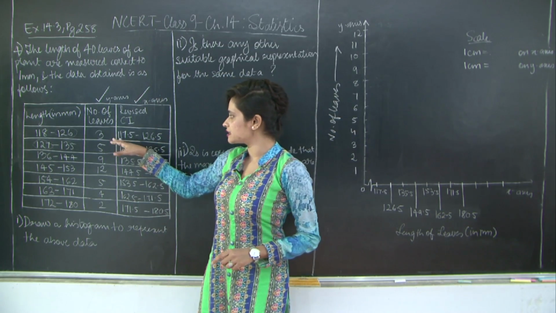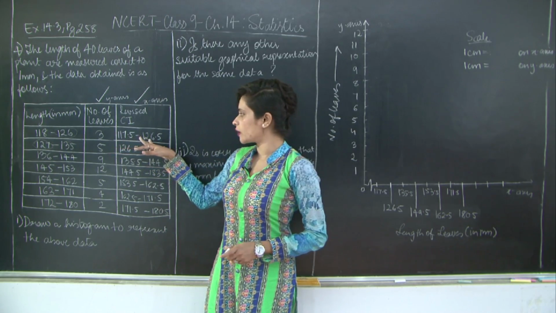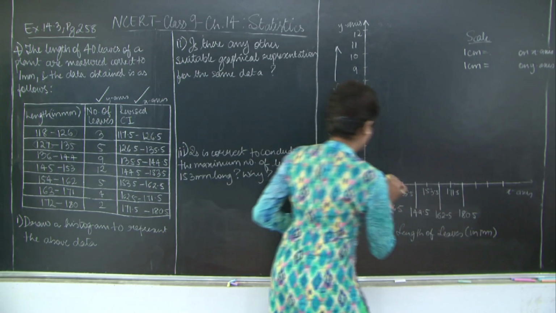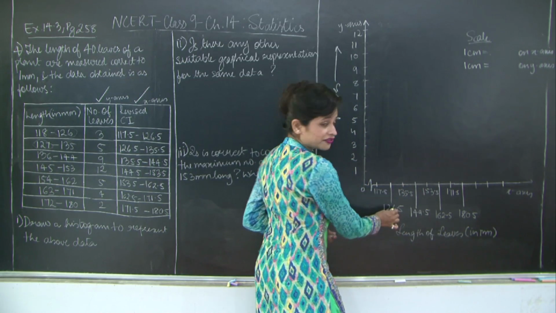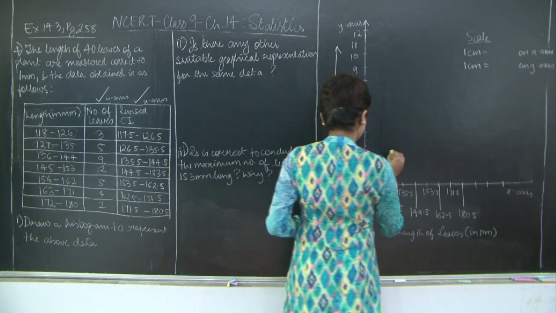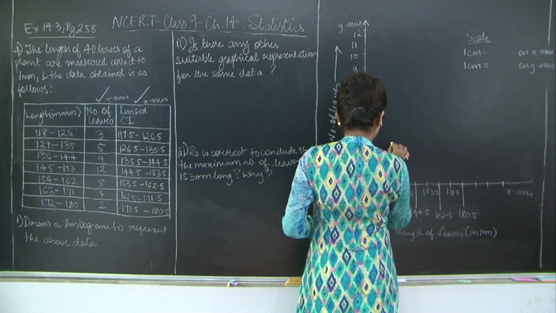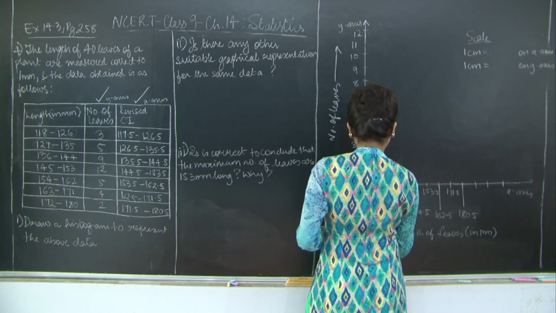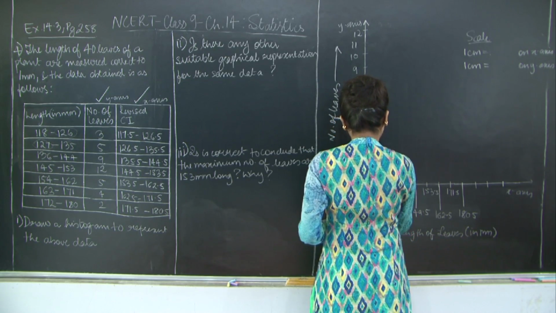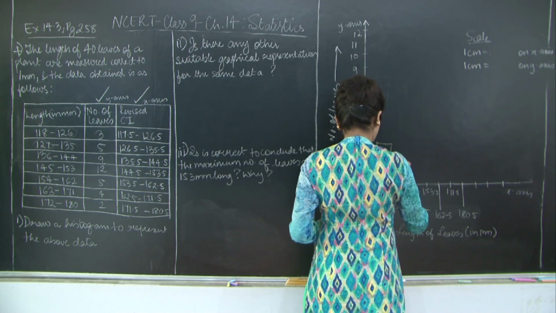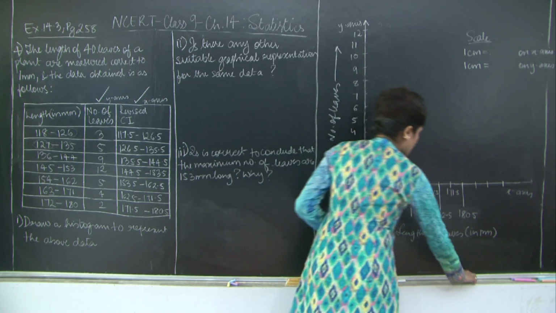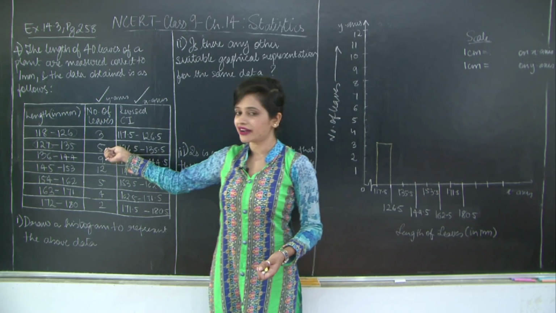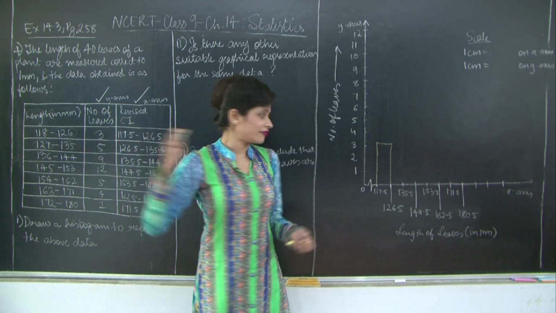So the first one is 117.5 to 126.5. The length is 3. So I'm going to draw a bar of 3 from 117.5 to 126.5. Then the other one, 126.5 to 135.5, I have the bar of length 5. So let's draw this.